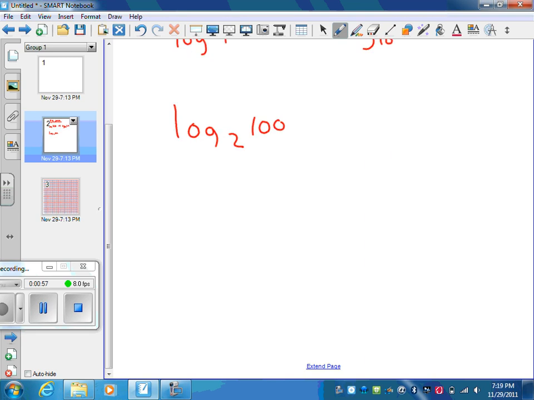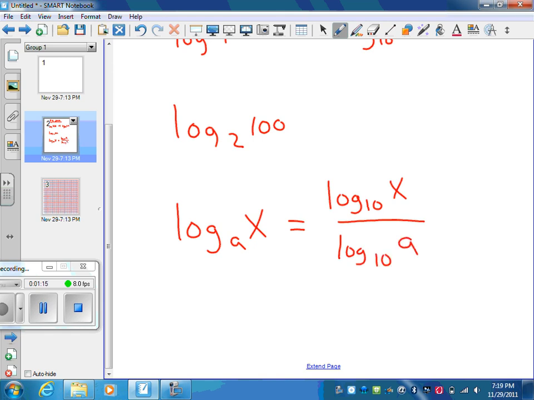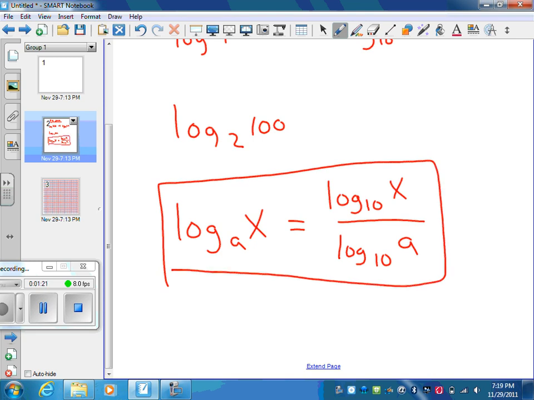Log base a of x is equal to log base 10 of x over log base 10 of a. This is something I would write down in your notes. We're going to prove this another day.